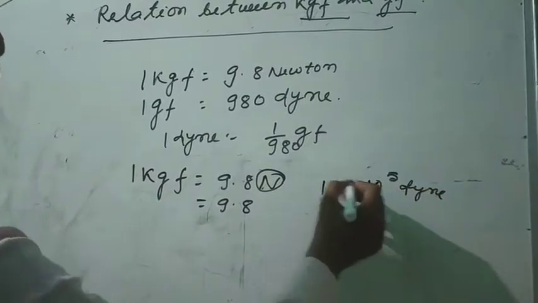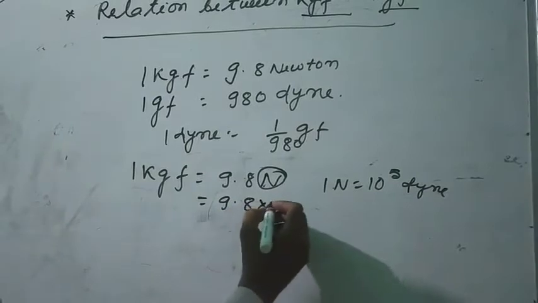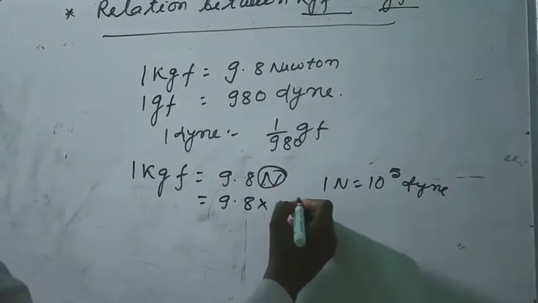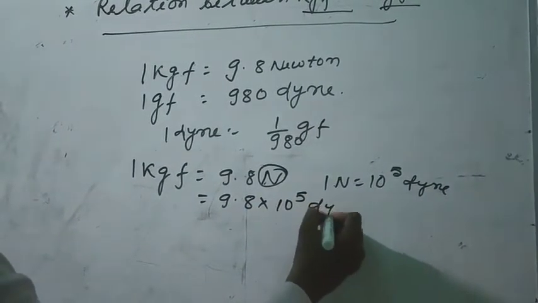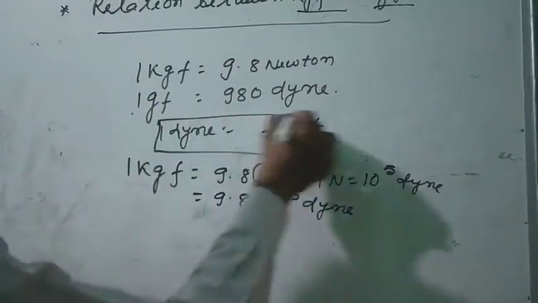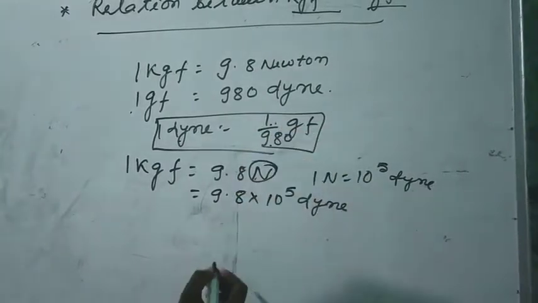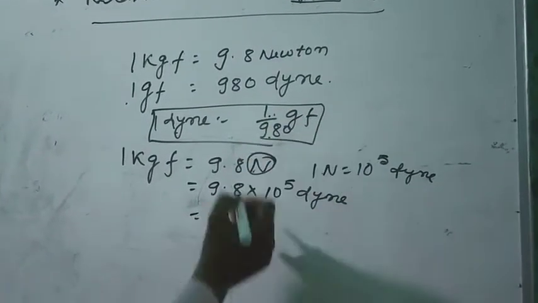Here we put 1 Newton is equal to 10 to the power 5 dyne, so it becomes 9.8 into 10 to the power 5 dyne. And from these relations, we know that 1 dyne is equal to 1 by 980 gram force. So we put this value here.